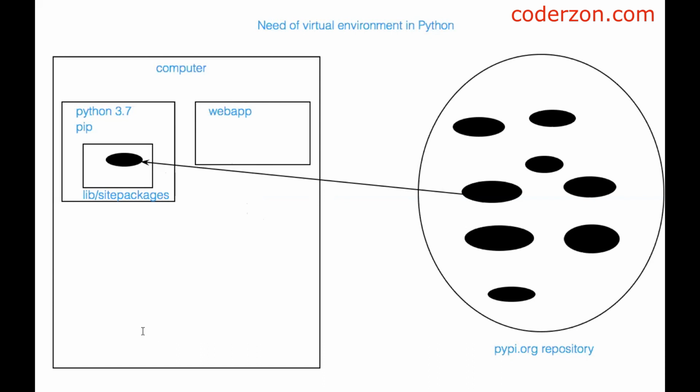So if you do a pip install of something like Django, NumPy, Pandas, whatever it is, that package gets downloaded from the repository on the internet to lib site-packages inside the Python installation directory. The Python application which we are creating here can access this folder and use the packages available here.